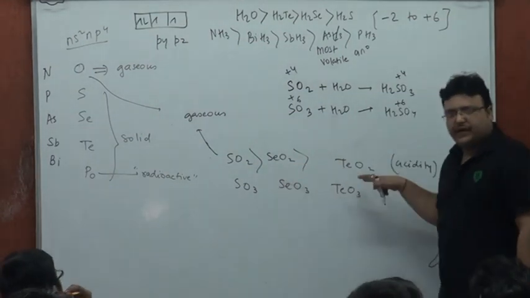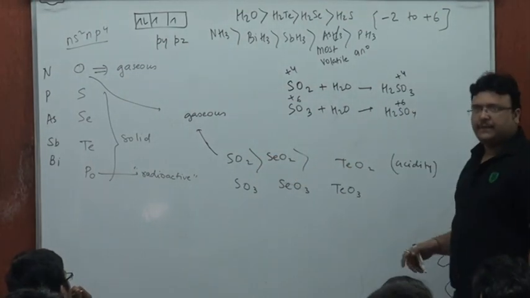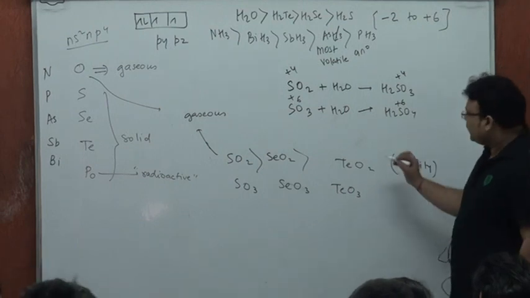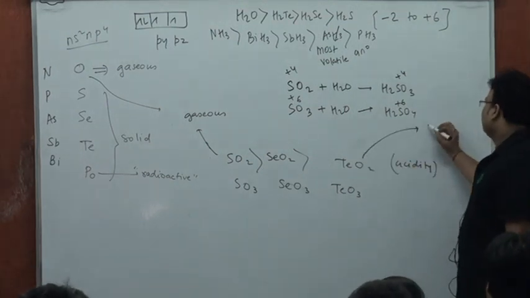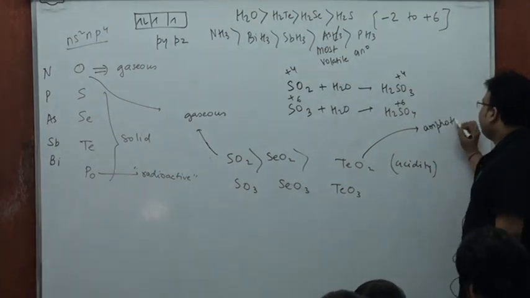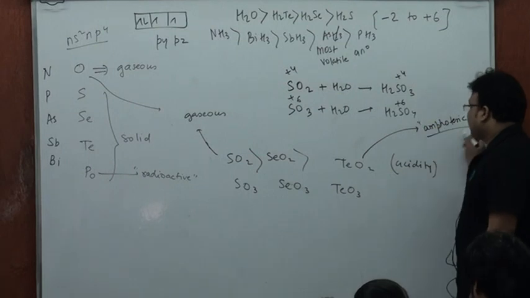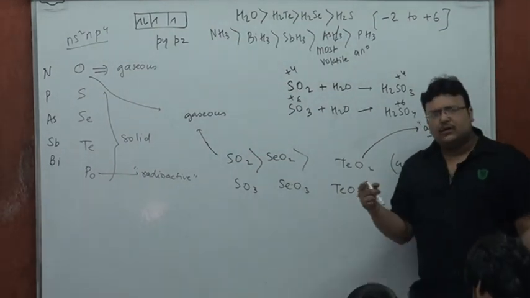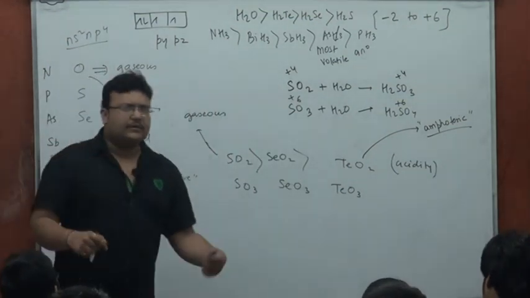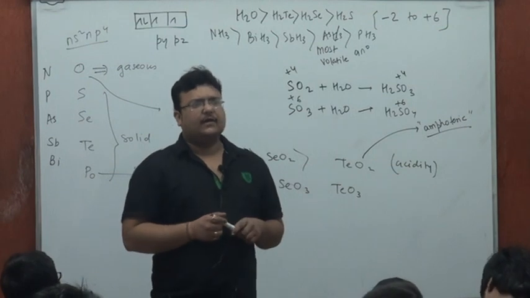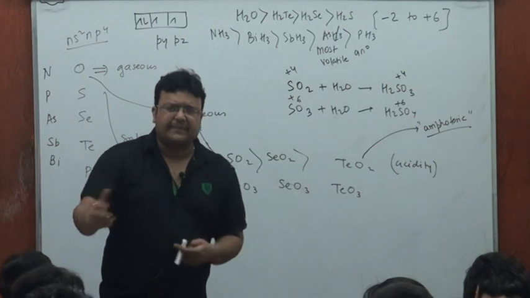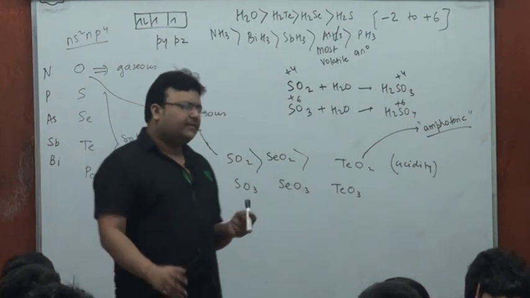If this is the order of acidity, and this also happens to be the order of solubility in water, you will find TeO2 to start behaving fairly amphoteric. The way beryllium oxide in group 2 was behaving amphoteric, because down the group the basic nature was increasing, and beryllium oxide BeO was interacting with acids also, interacting with bases also.